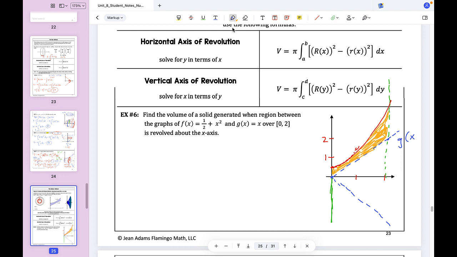There's my g of x, and then I've got my f of x. It's going to go like this, more or less, okay? It's a pretty bad drawing, but you get the idea. All right, here's the space. So when I rotate that around the x-axis, I'm going to get this shape here.